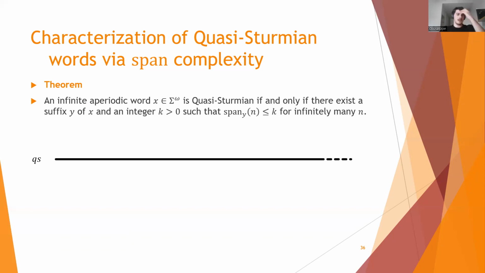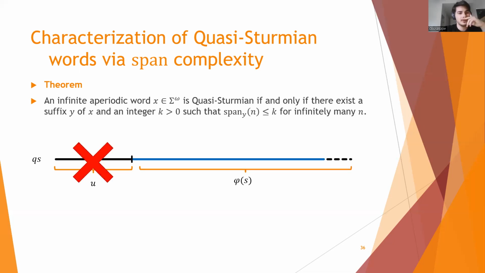So in order to get the results, we have considered that by using the characterization of the factorization of Cassaigne, we can actually exclude the prefix u and just consider as Y a suffix, actually phi of s.